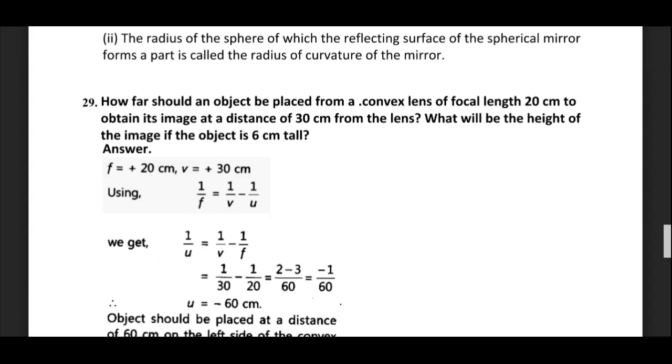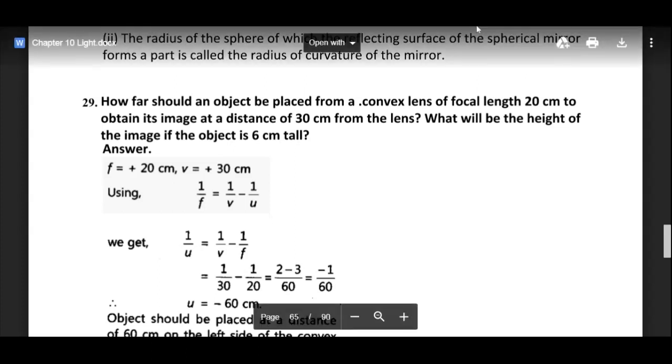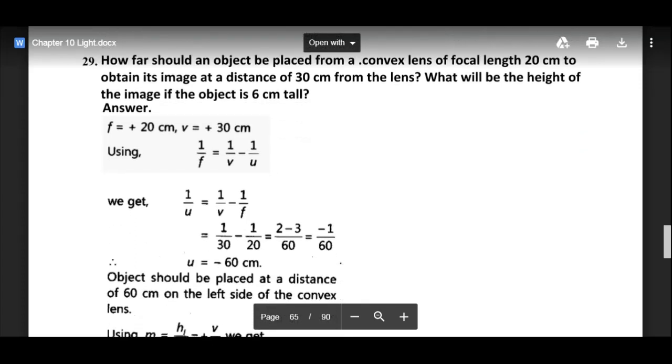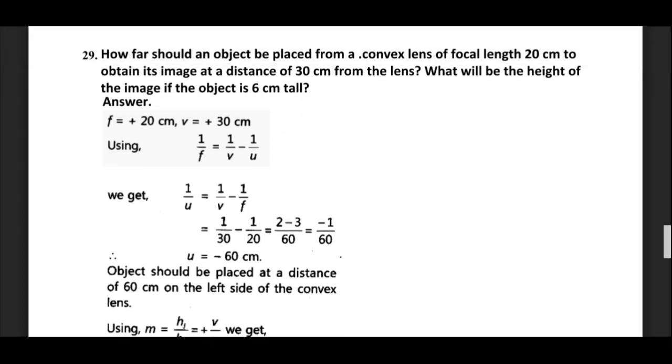Next is, how far should an object be placed from a convex lens of focal length 20 cm to obtain its image at a distance of 30 cm from the lens? What will be the height of the image if the object is 6 cm tall? So f is equal to 20 centimeter and v is equal to 30 centimeter according to the question.